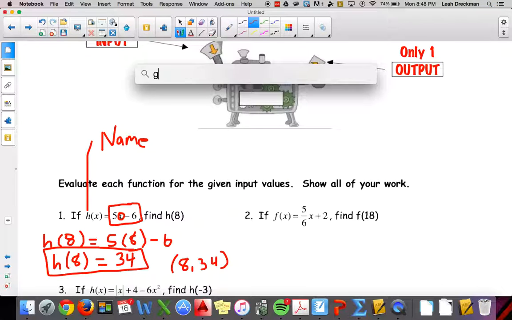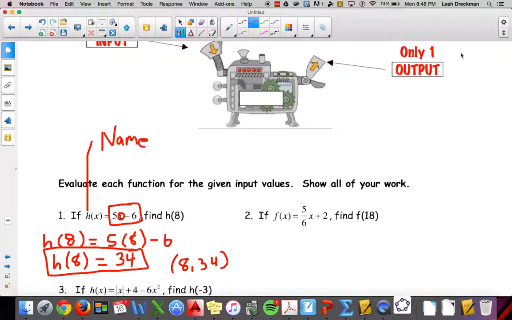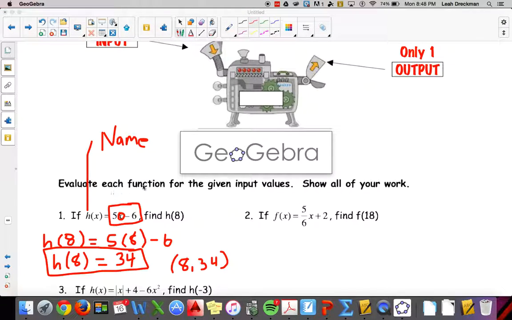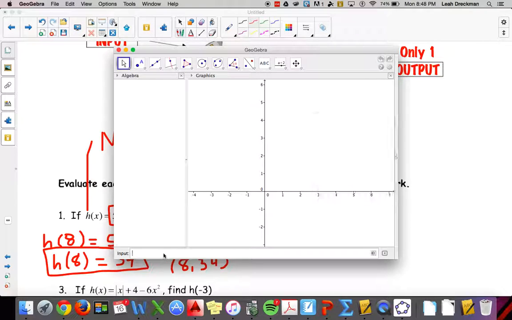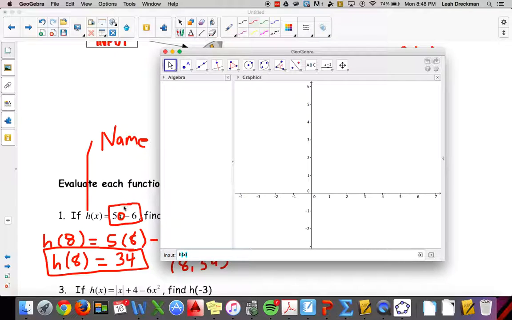So I'll show you that in GeoGebra here. All right, so the function was called h of x. I'm going to type that in my input bar. And the function was equal to 5x minus 6.